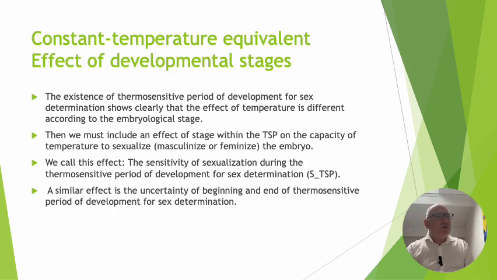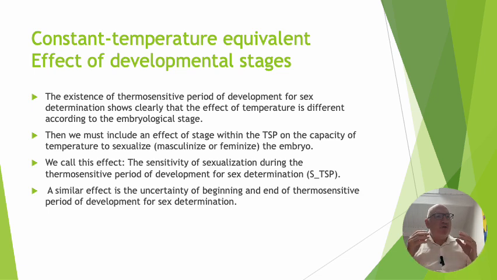We must also take into account that sex determination occurs during a window of development. This window is the thermosensitive period of development. It shows that depending on the stage, the sexualizing impact of temperature will not be the same.